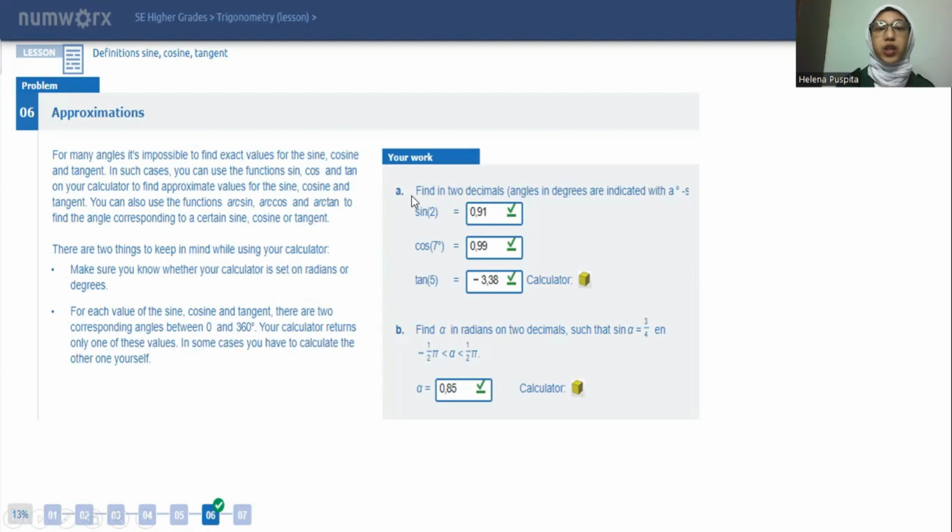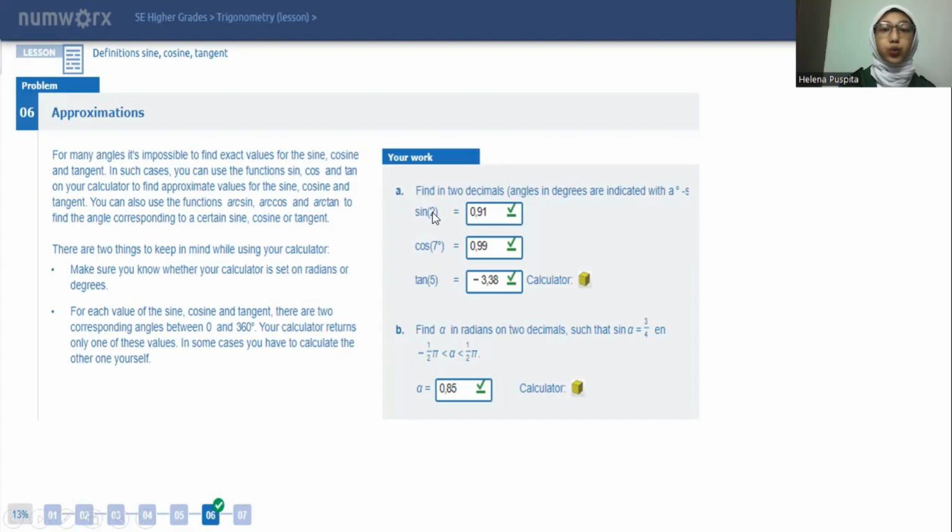Okay, question A. Find, in two decimals, the angles, in degrees where indicated with a degree sign. This question can be solved using devices such as calculators because they make it easier to calculate.